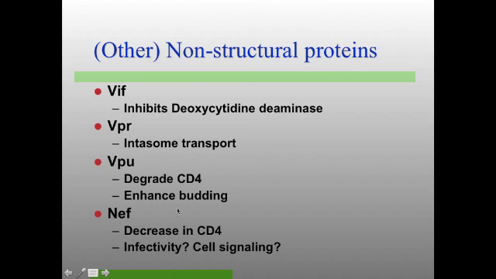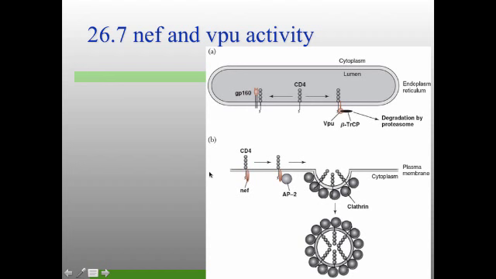And NEF also seems to cause a decrease in CD4. The way that seems to work is you have CD4 that's either going to bind to VPU and get degraded. This gets degraded in the cell before it actually gets transported out to the exterior.